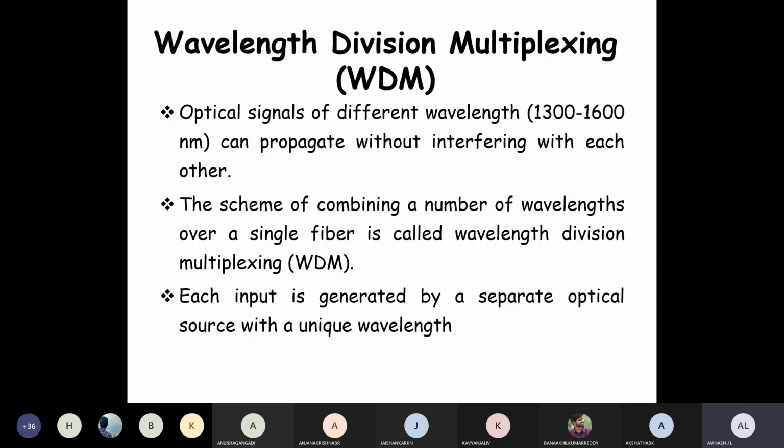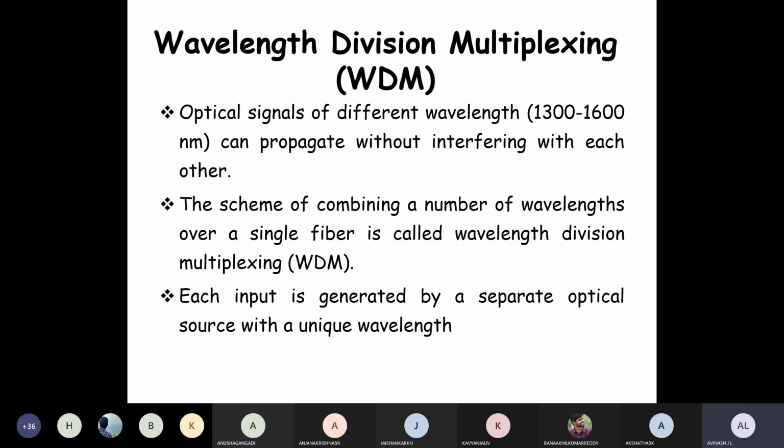Here is the simple fundamental definition: the scheme of combining a number of wavelengths. In time division multiplexing, it is the scheme of combining time slots of various signals; similarly with frequency, and here with wavelength. The scheme of combining a number of wavelengths over a single fiber is called wavelength division multiplexing.